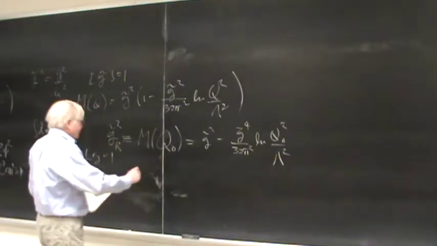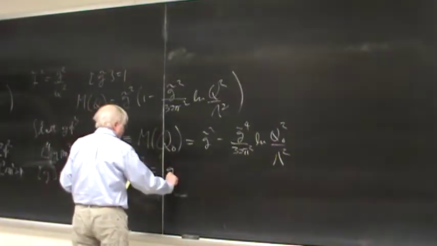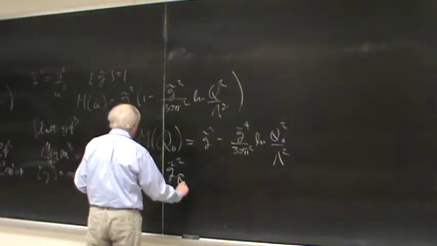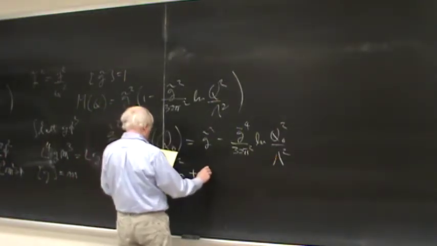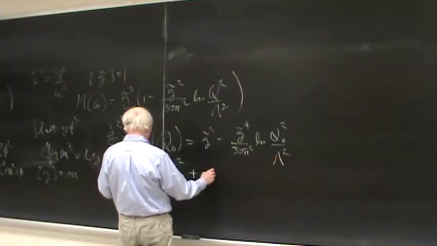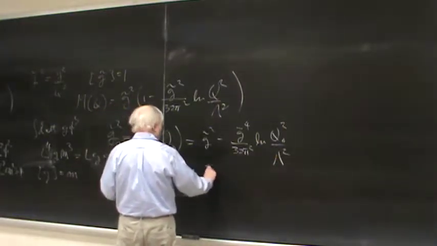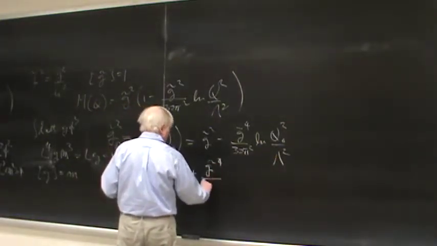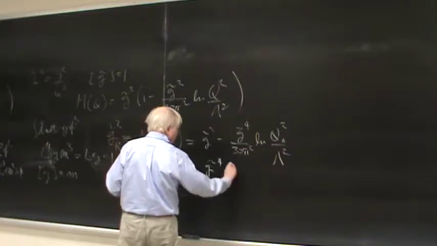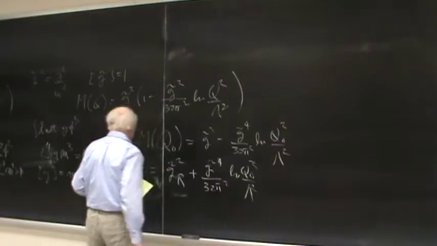And we can invert that, and we can get G tilde squared is G tilde squared renormalized plus G tilde to the 4th over 32 pi squared log Q0 squared over lambda squared.